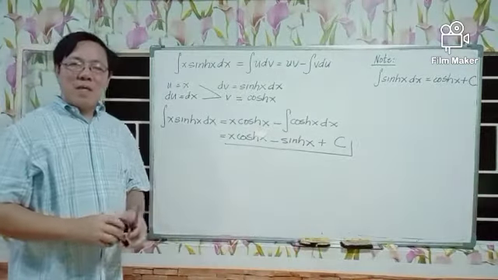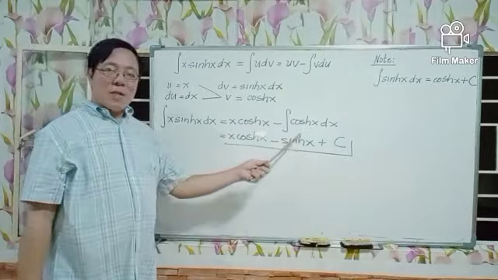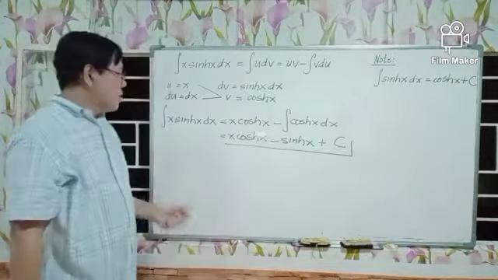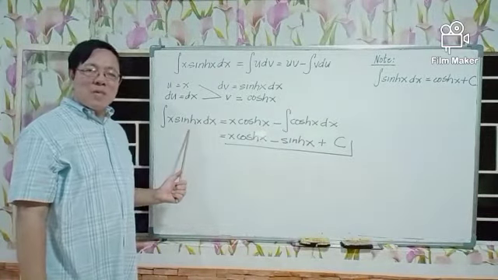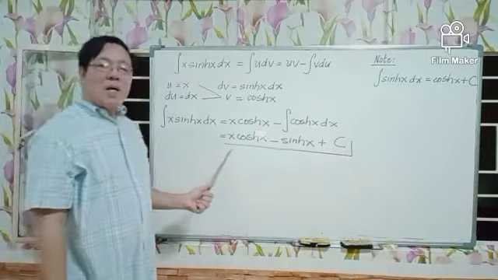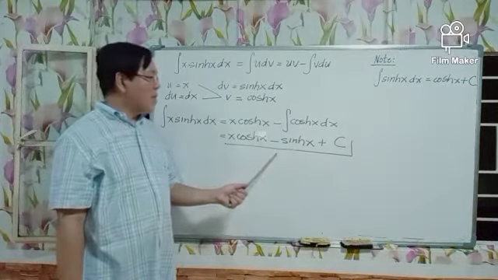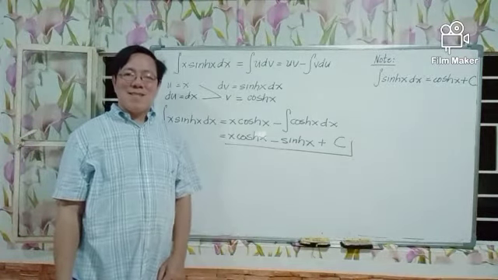Since we have integrated the last term, we now write the constant of integration c. Therefore, the integral of x multiplied by hyperbolic sine of x with respect to x is equal to x times hyperbolic cosine of x minus hyperbolic sine of x plus a constant of integration c.